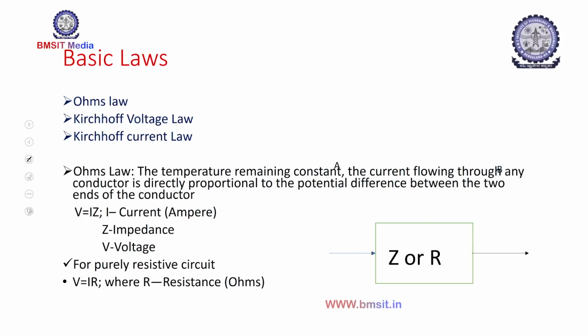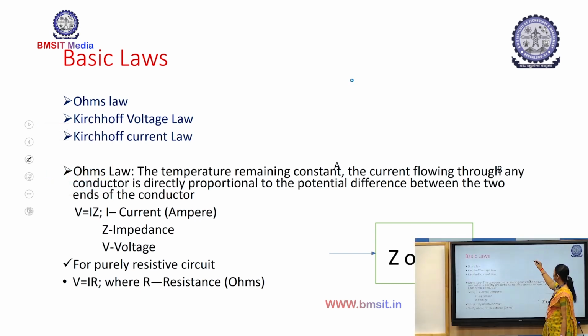So when we have two ends of the conductor, let us name them A and B, keeping the temperature T constant, the current flowing through the conductor is directly proportional to the potential difference between its terminals.